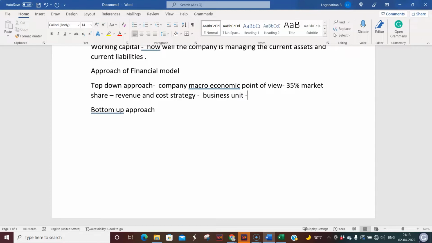So the business unit will be at the lower level, it will be reframing the strategies, like how much inventory I have to maintain. Suppose it is a retail store, it will be deciding how much inventory I have to keep in the shop. Or suppose it is an automobile sector, it has to say how much vehicles I have to produce per month.